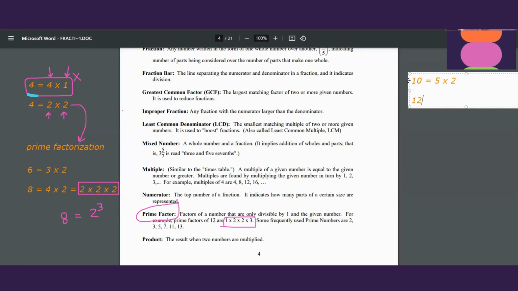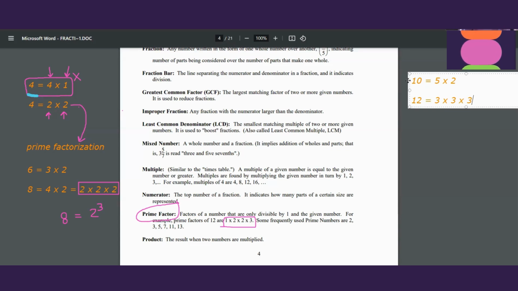tell me the prime factorization of 12. 3 times 3 times 3 times 3? 3 times 3 is 9, and there is no way you can get 12 from 9. Wait, 2 times 2 was 4, 4 times 4 is 16.